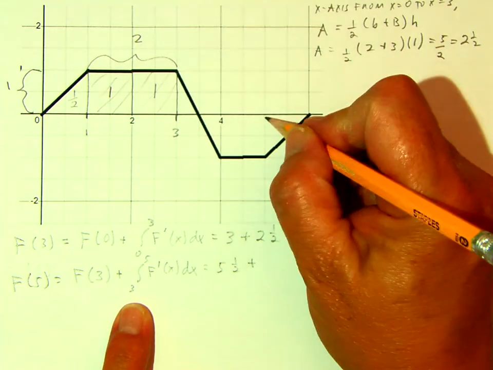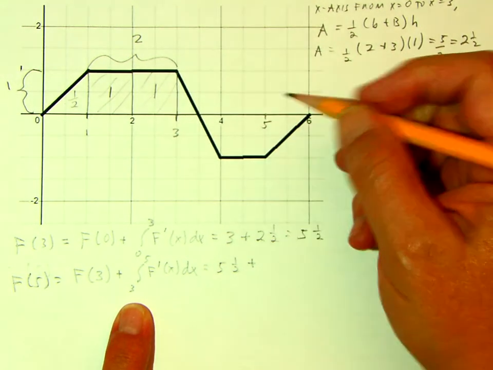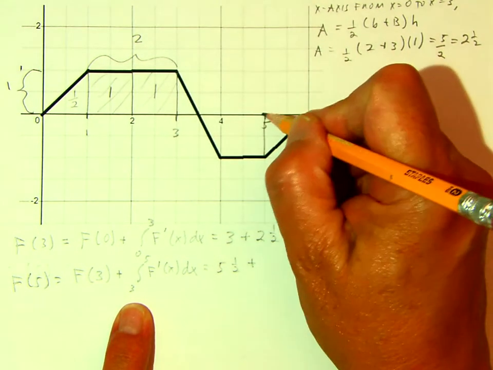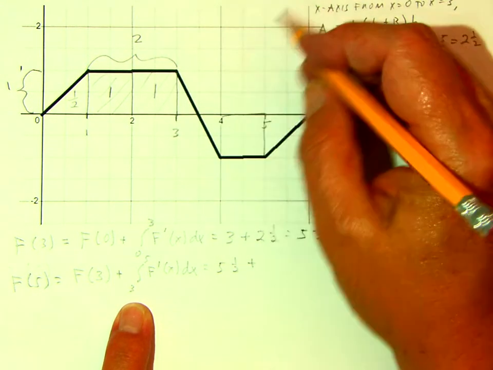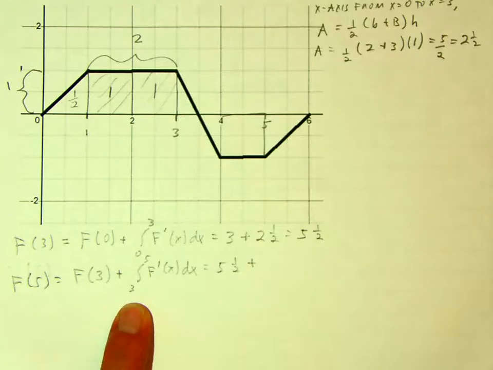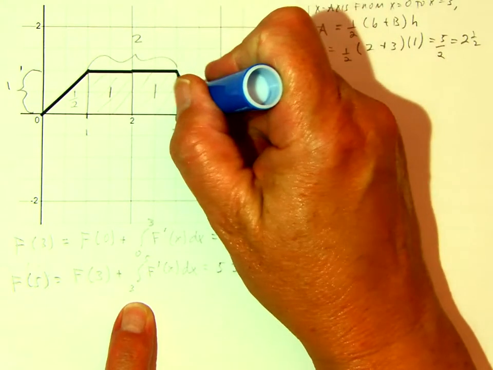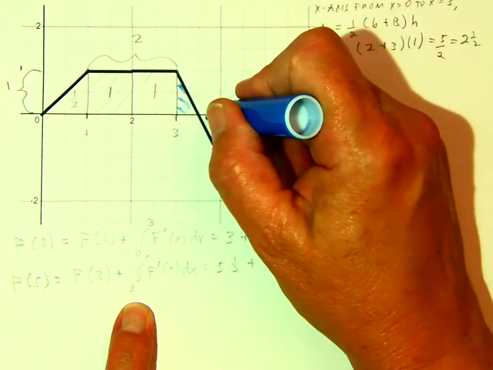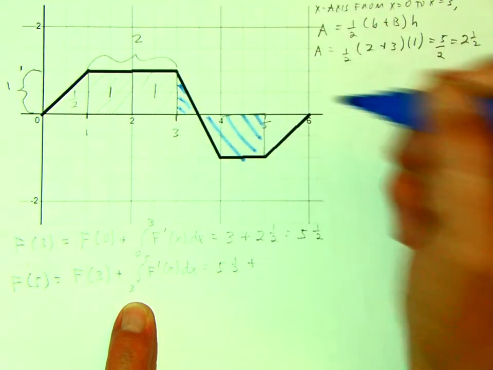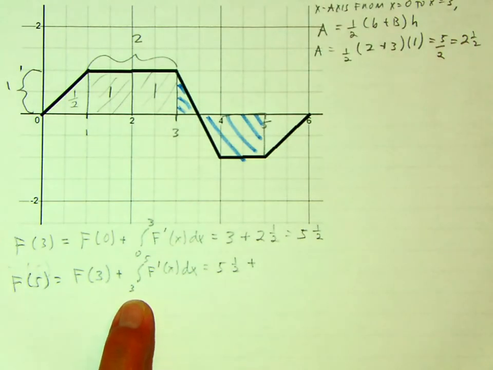So here's 5. The area we're talking about would be this area here.